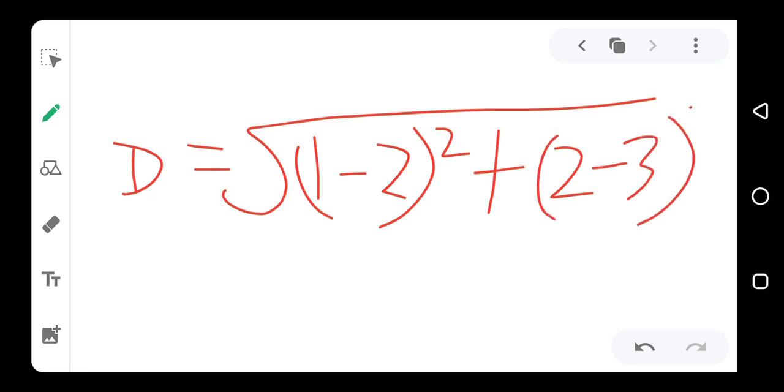Then everything squared. Now we simplify this and whatever we get will give us the distance between these two bodies.